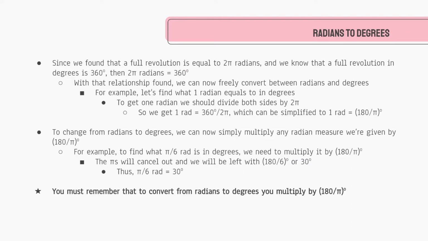So what we're left with is 180 divided by 6, which is 30. Thus, we found out that pi over 6 rad is equal to 30 degrees. The most important takeaway from here is that to convert from radians to degrees, you simply multiply the radian measurement by 180 divided by pi degrees.